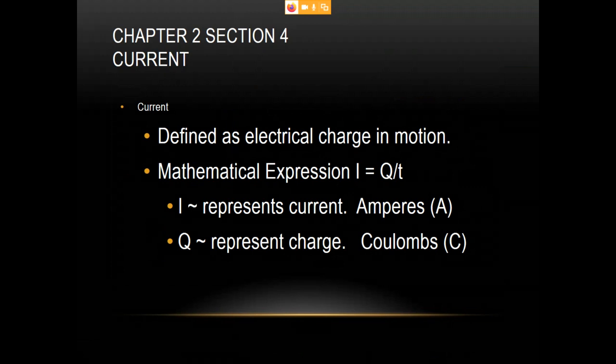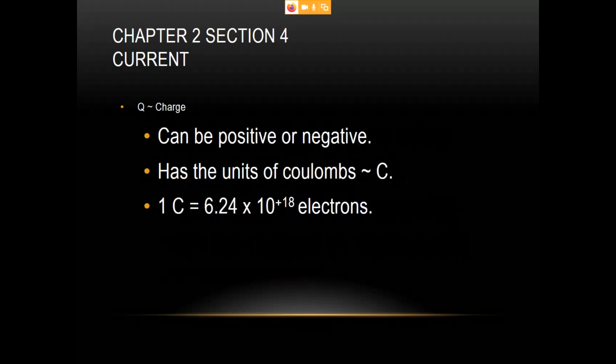Why do we use a capital A and a capital C? Because these units are named after a scientist, so it's a proper noun. When we talk about seconds, a measure of time, you use a lowercase s because it's just a unit of time and it's not named after a scientist.